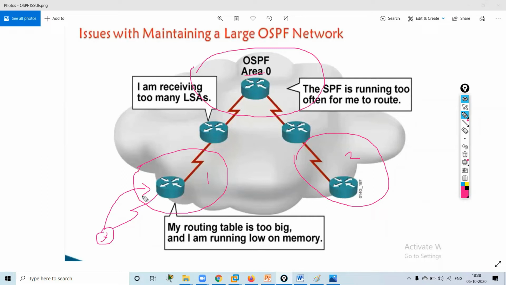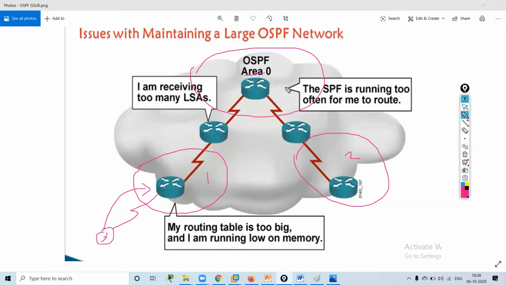And the DBD will be the same within a single area. All the routers in area 1 will be having the same DBD. Previously, all the routers in area 0 were having the same DBD, so it was becoming very huge.